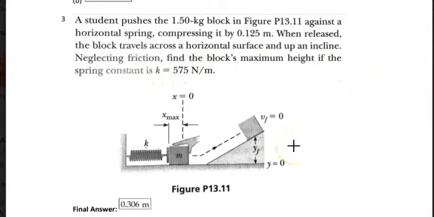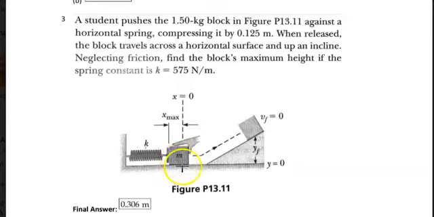Before we continue with the solution of this question, you need to determine which value is equal to 0 at each position of the block. At this point, before the student pushes the block, you need to know that the initial velocity of the block is equal to 0.